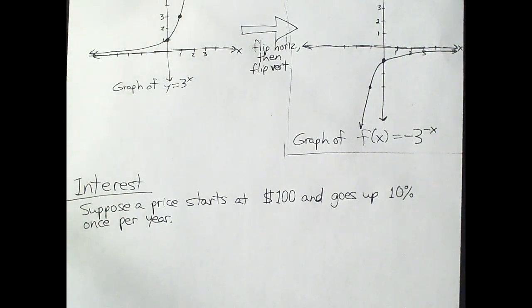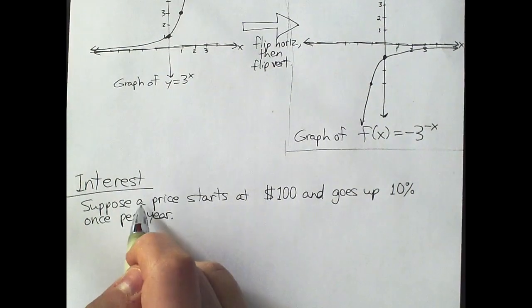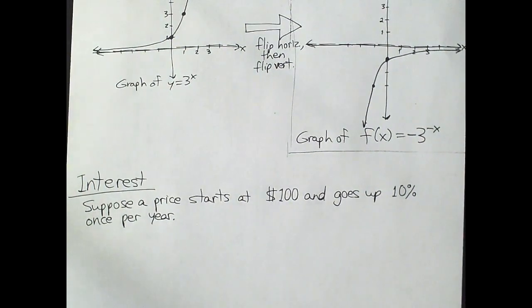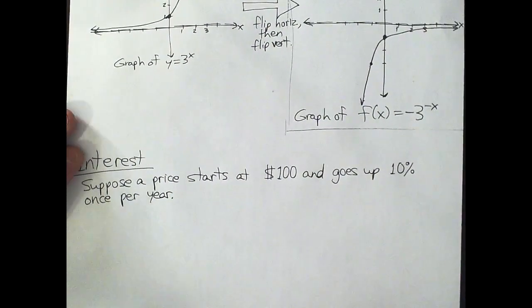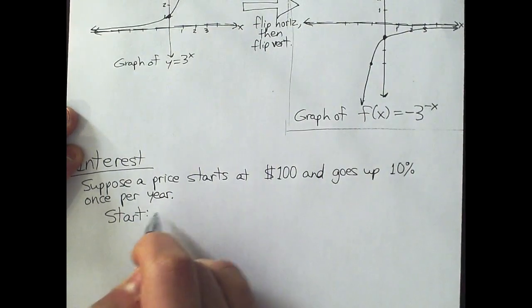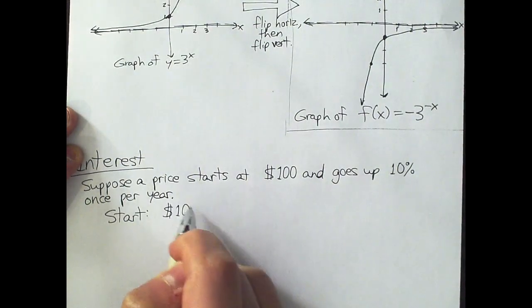I'm using simple numbers right now, but we can imagine this as some amount of money. I started with $100, and I just called it a price. So this could be a price of something that sells in a store, or it's just some amount of money. It could be an investment. It could be a loan. Whatever it is, we start with $100.